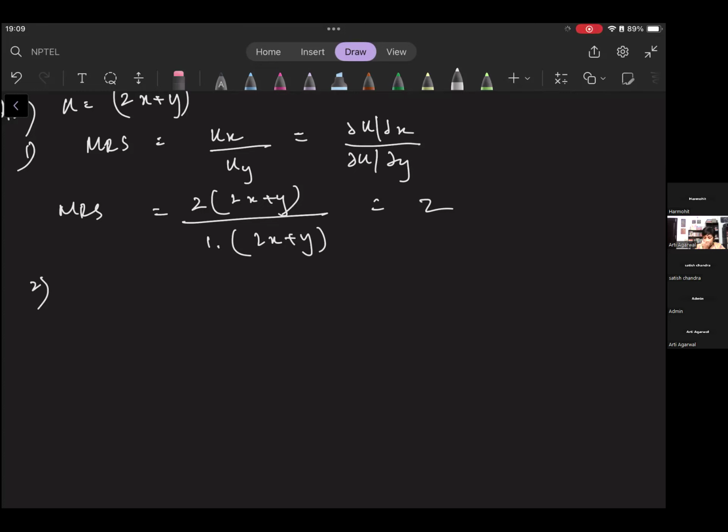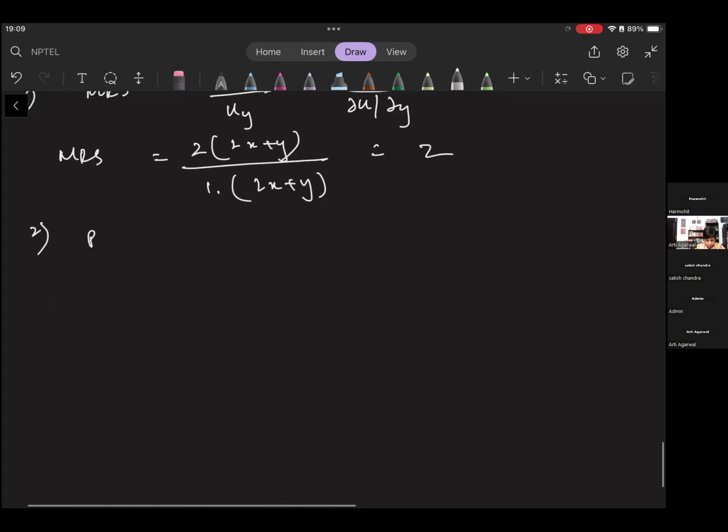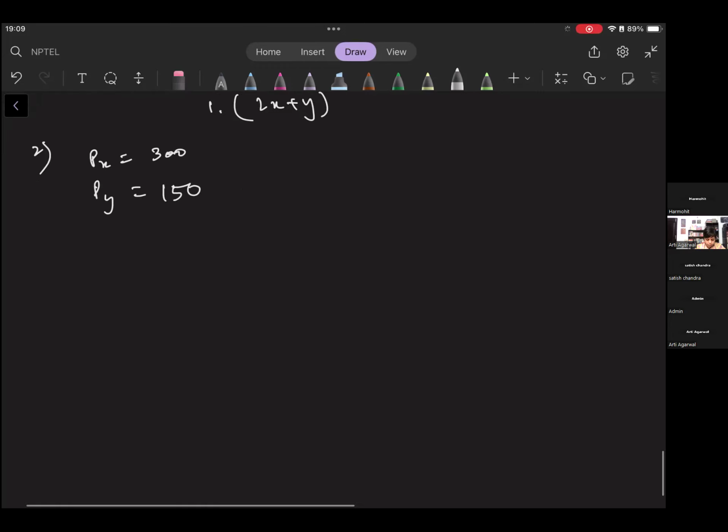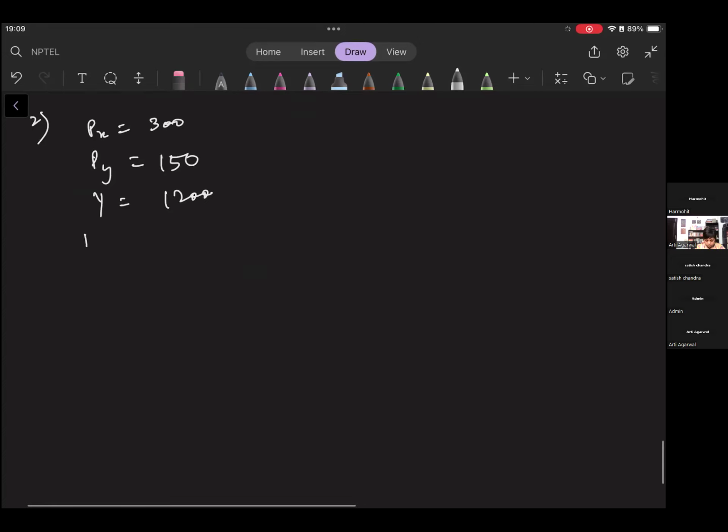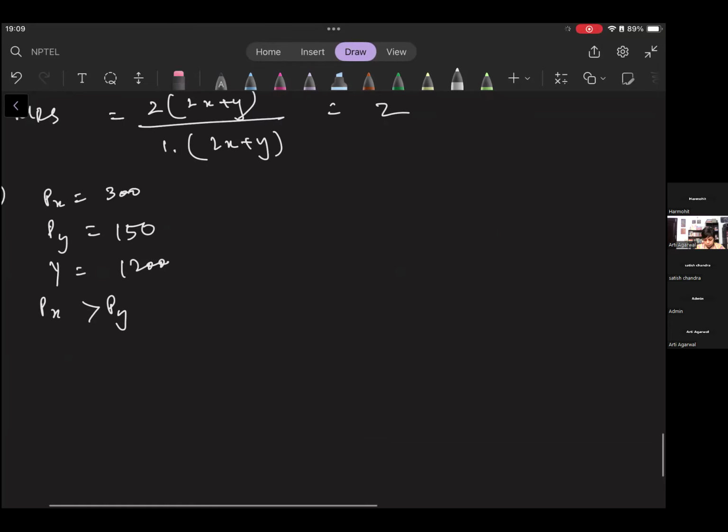The next part says that if Px is equal to 300, Py is equal to 150, and the budget is equal to 1200, then what is the optimal consumption bundle? Now you can see that Px is greater than Py, and your utility function is (2x plus y) whole square.